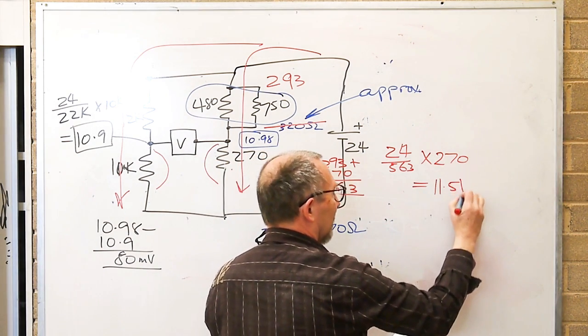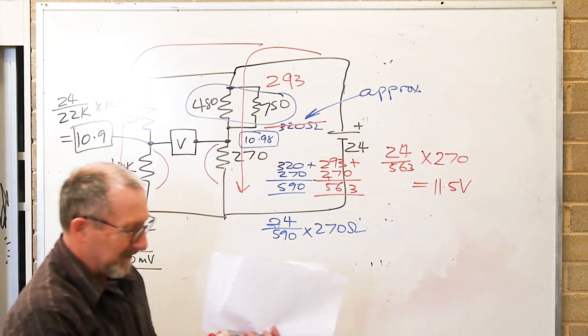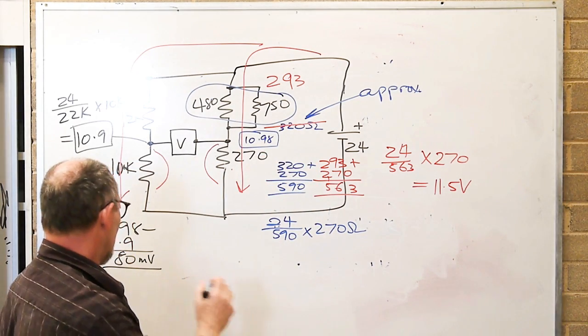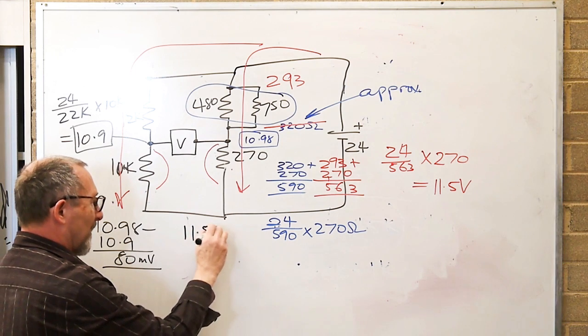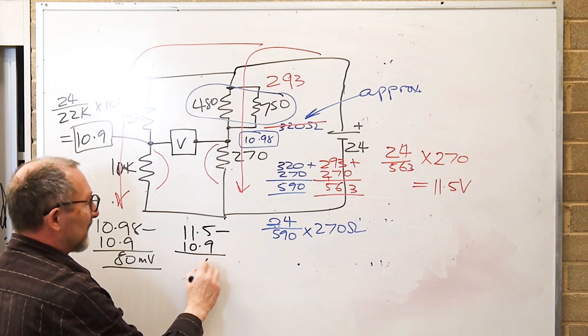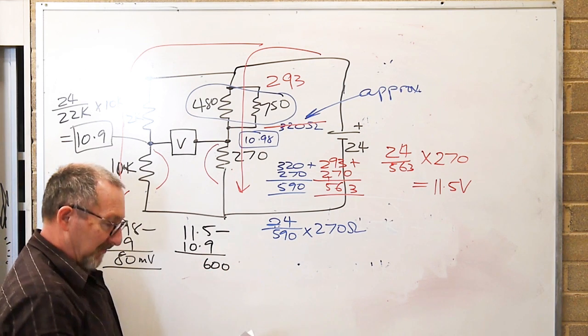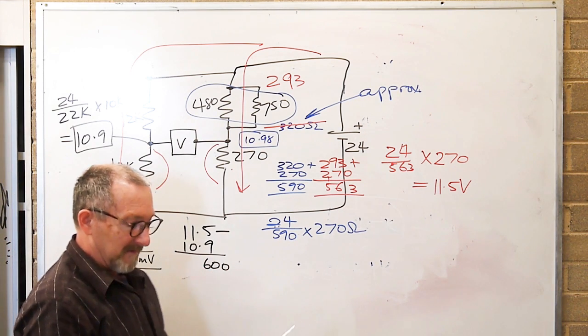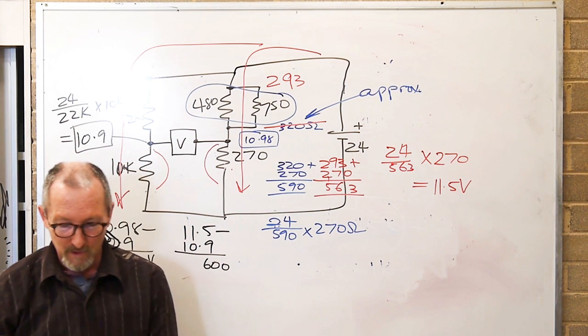Now we can go 11.5 minus the 10.9 on this side, and we get 600 millivolts in round terms. 607 millivolts.